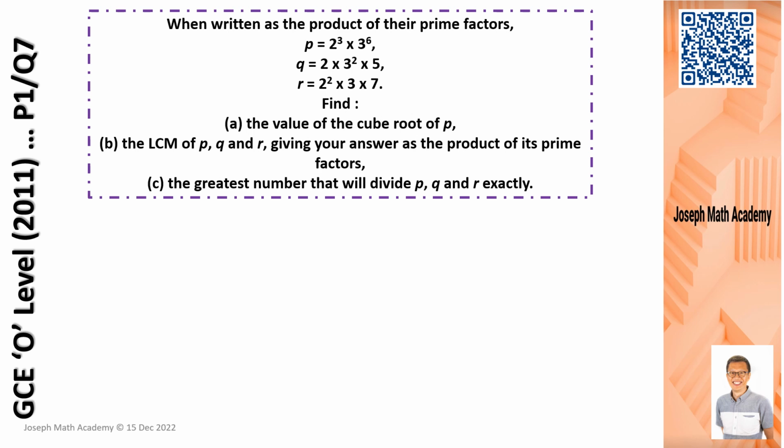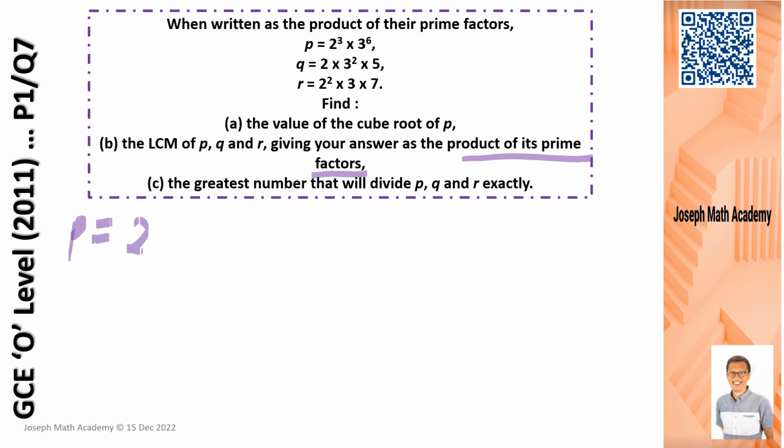Part B is asking us to find the LCM of P, Q, R, and our answer must be written as the product of its prime factors. Okay, so I'm going to rewrite the three expressions so it's easier for us to compare. Not very nice handwriting.